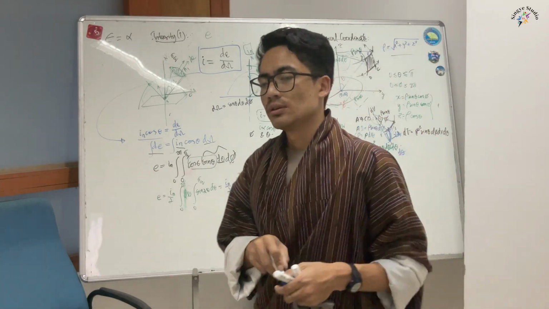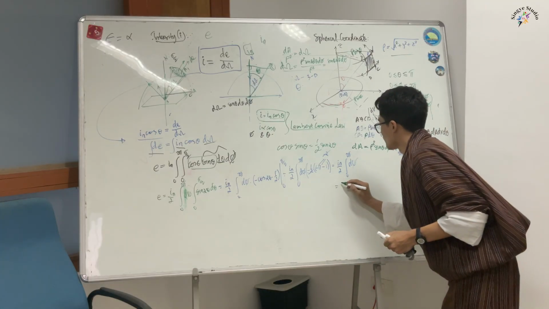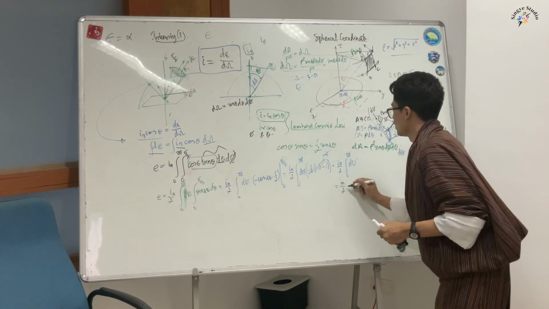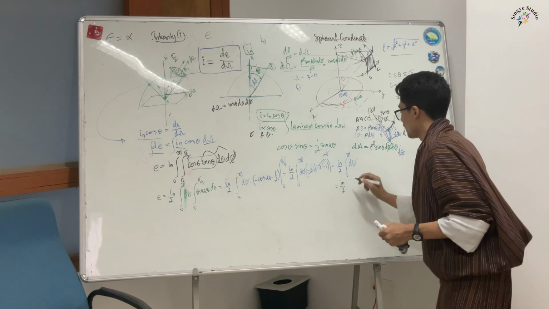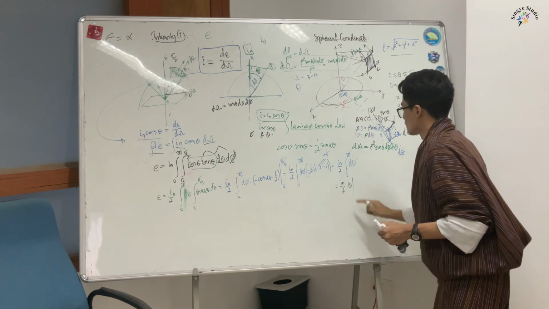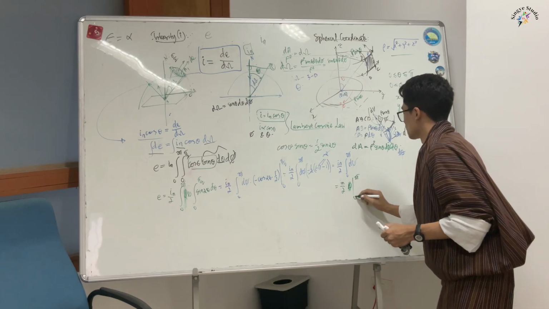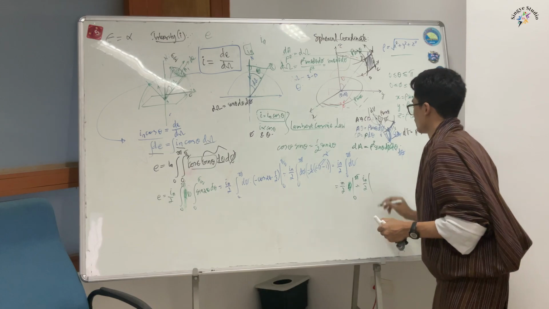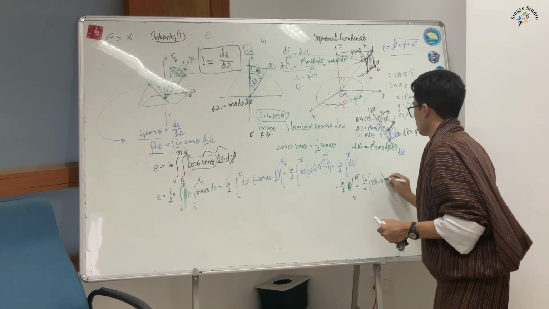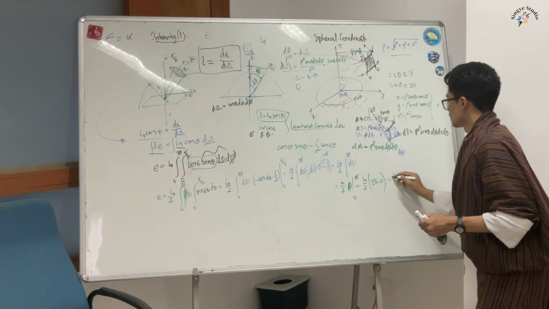Correct? Now to solve this, we integrate In by 2 times d phi, which is phi, from 0 to 2 pi, equals In by 2 times 2 pi. The 2 will get cancelled, giving pi times In.